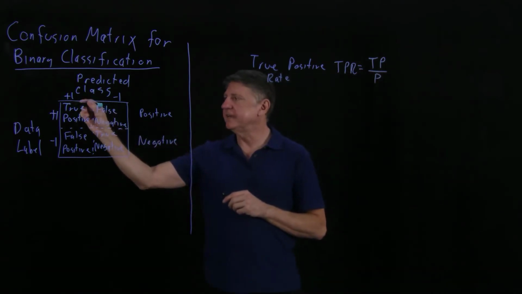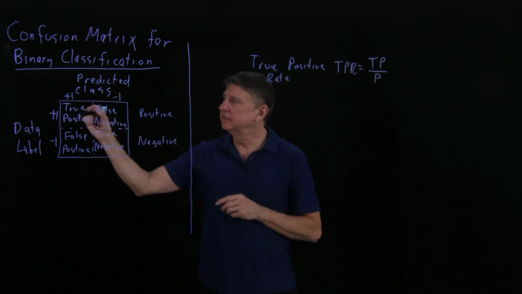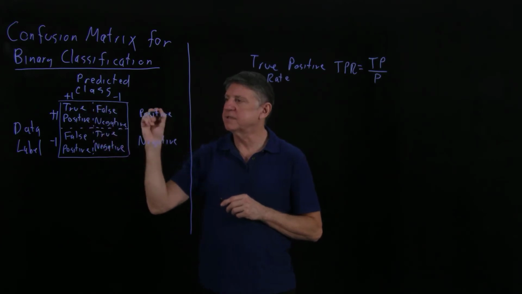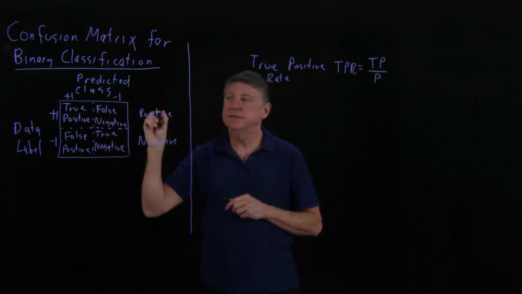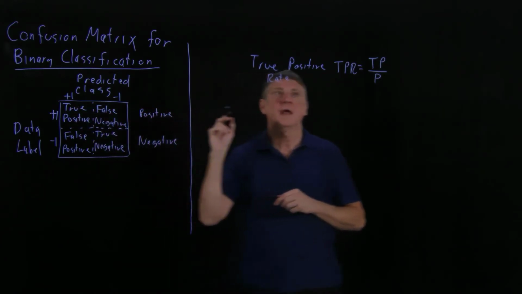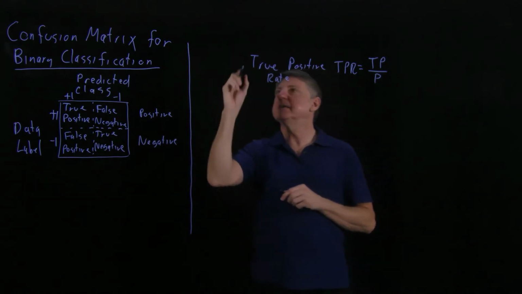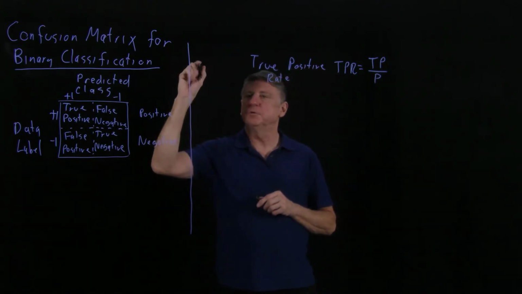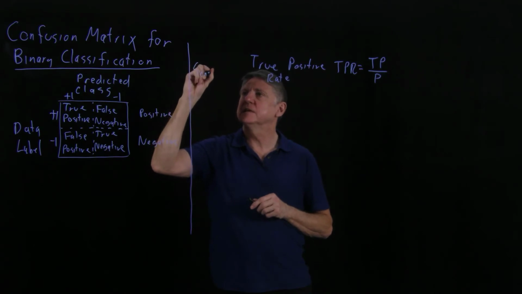So here we're taking TP as the abbreviation for this box, and P for the abbreviation of the sum of this row. And that is often referred to as the sensitivity.